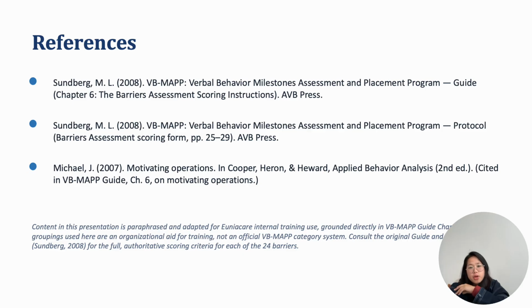One thing worth flagging explicitly is that the 5 groupings used throughout this deck, behavior and compliance, verbal operants, social, learning process, and competing physical barriers, are an organizational aid built for this training. Okay, so not an official numbered category system from the VBMAPP itself. For the full authoritative scoring criteria on each of the 24 barriers, go directly to the guide and protocol. Cool.